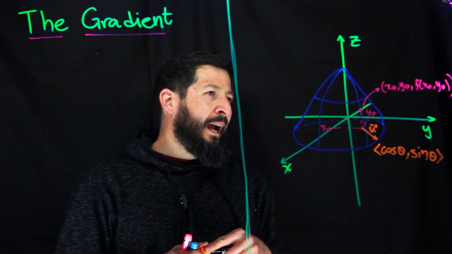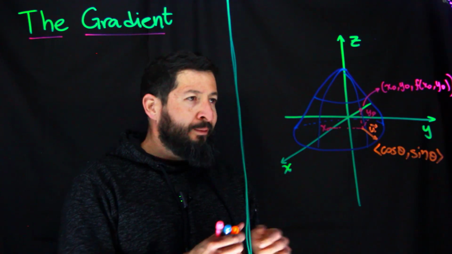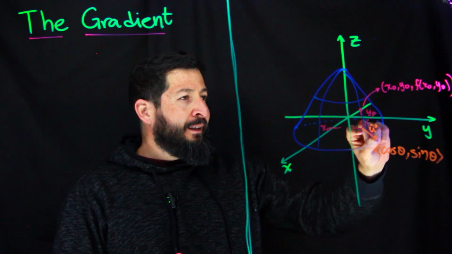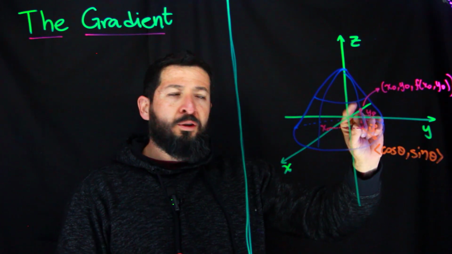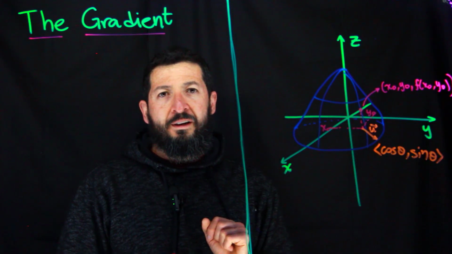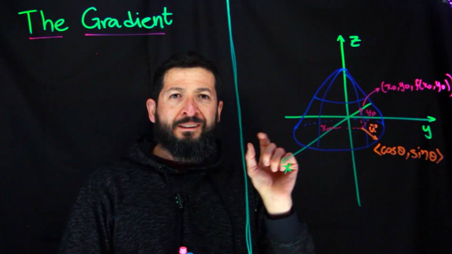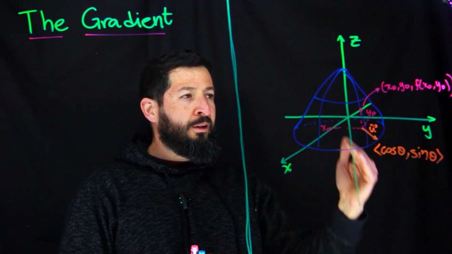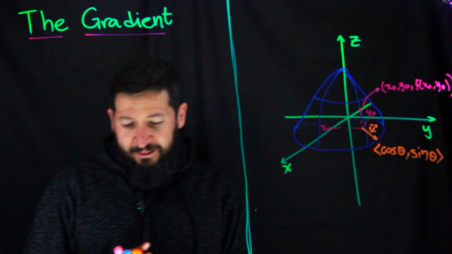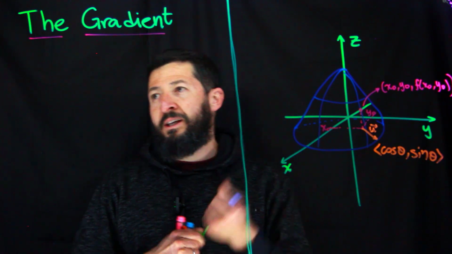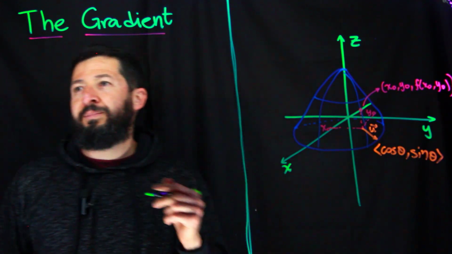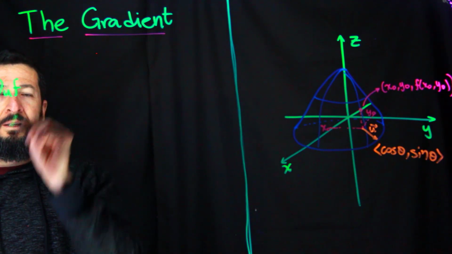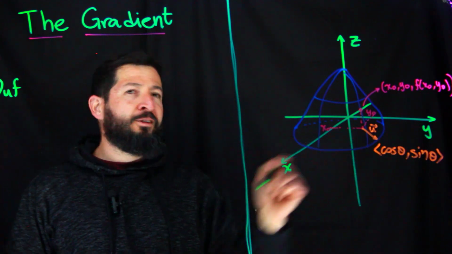And so we're going to ask, if I were to move on my graph in the direction of u, what is the instantaneous rate of change of the function? So how is z changing? How is f changing when I travel in the direction of that vector u? And that's going to be called the directional derivative. Again, the directional derivative will be given by D_u f at x naught, y naught.